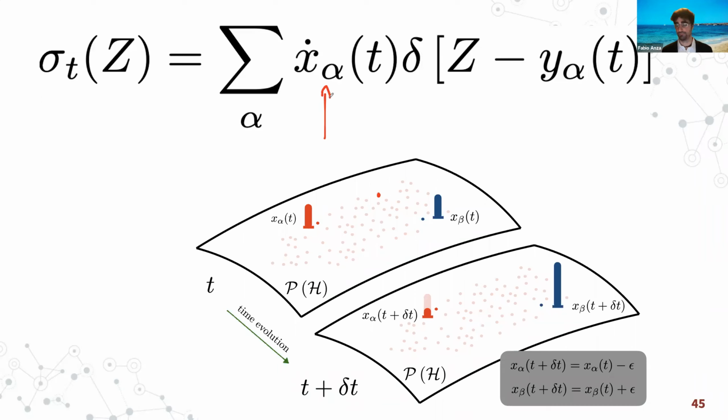And so, for example, you can have situations in which two points that have a certain probability x alpha and x beta, and they're far away in the state space, can still exchange a certain amount of probability epsilon, and this is allowed as long as the total amount of probability, which is 1, is conserved.